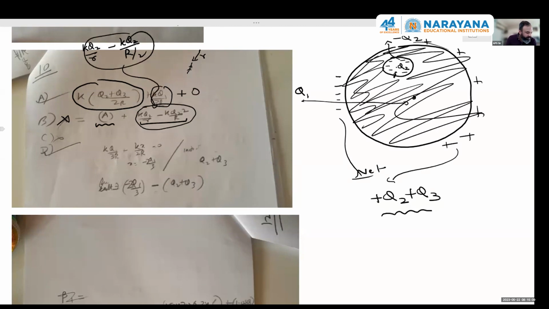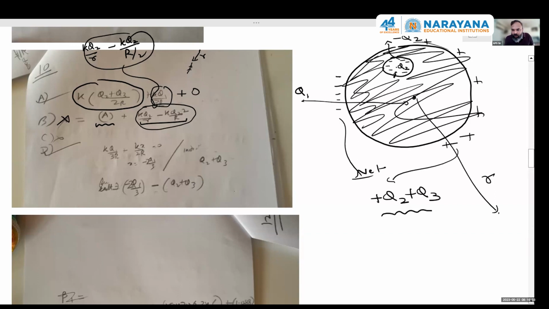C part. The value of potential outside the sphere at a distance R from the center of the sphere: if I want to write the potential outside somewhere, I can write the potential because of Q1, perfectly fine. He has written K Q1 upon R prime, I accept it. But then he has written potential K(Q2 plus Q3) upon R, not acceptable.